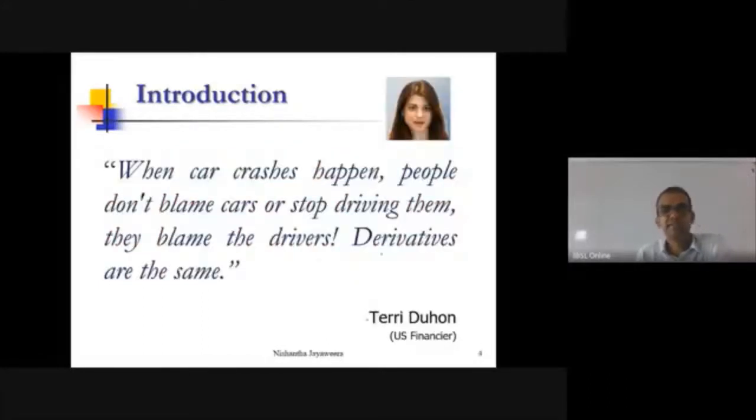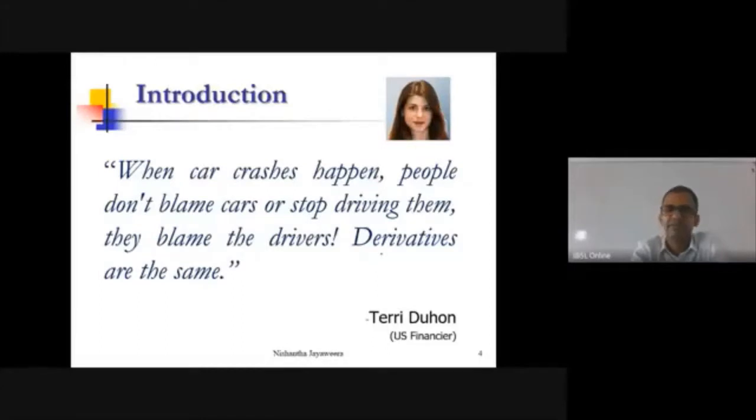The next one is from Terry, who worked for JP Morgan. I don't know whether she's still at JP Morgan. I think this tells us everything about how we should treat derivatives. When a car crashes, we don't blame the car.